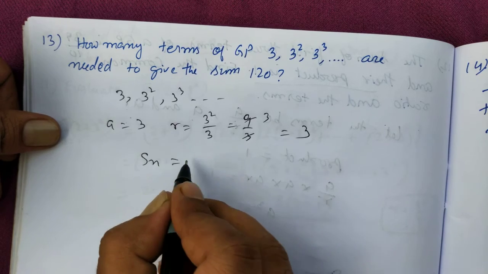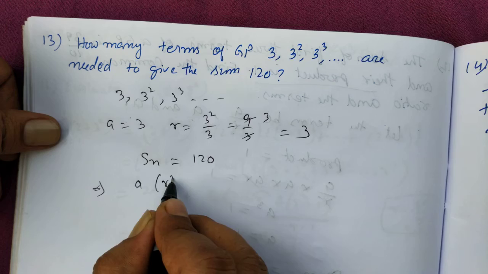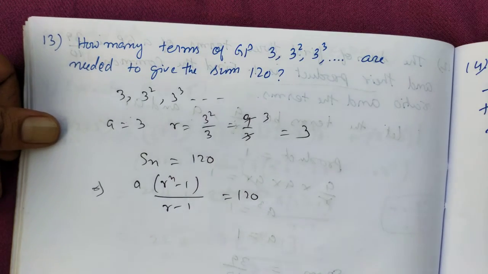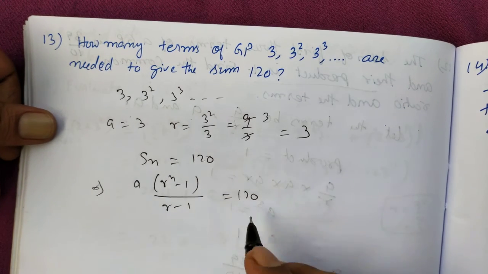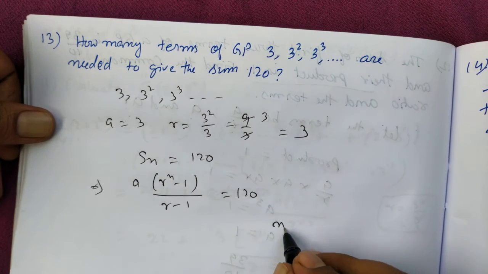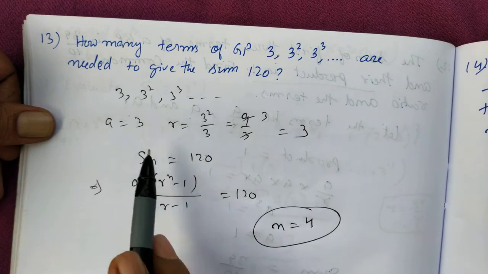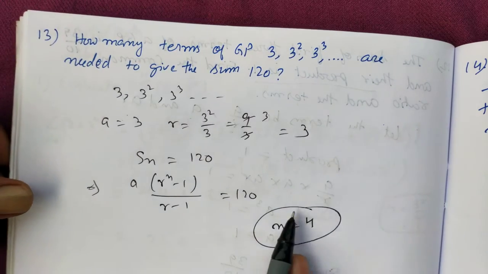And Sn is given as 120. Use the formula: a times r^n minus 1 by r minus 1 equals 120. Put the value and get the answer. You must get n equal to 4. Put the value a and r^n, cross multiply and get the answer. You must get this, okay?